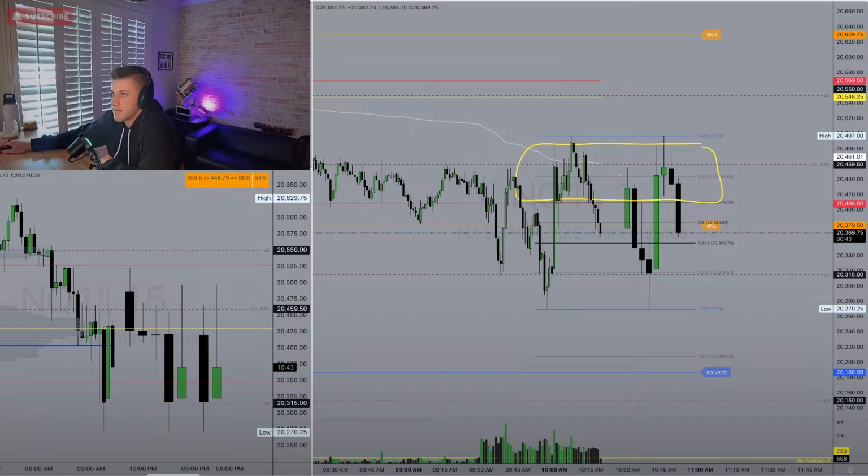If you're short from VWAP, there's your spot to trim here near that overnight low, 50% fib. And then watch for 315.